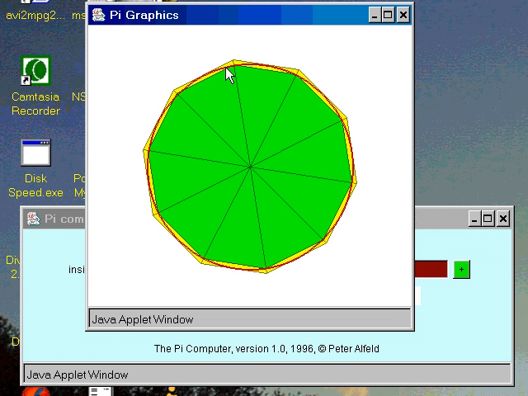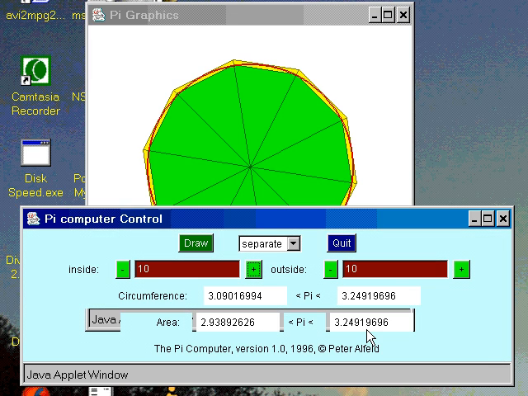And you can see gradually what's happening is the yellow shaded area is the difference between the two. So obviously the area of the circle is in between the green and the yellow region. And this gives you a bound between 2.93892626 as a lower bound and 3.24.